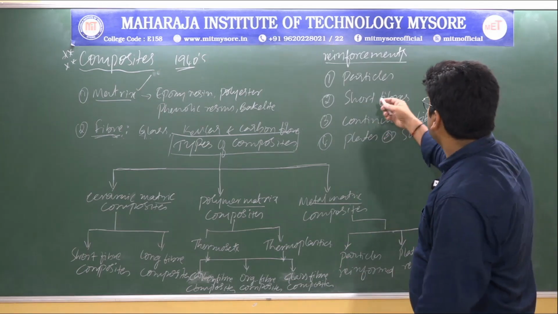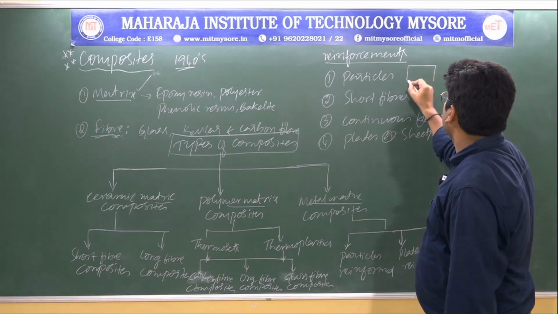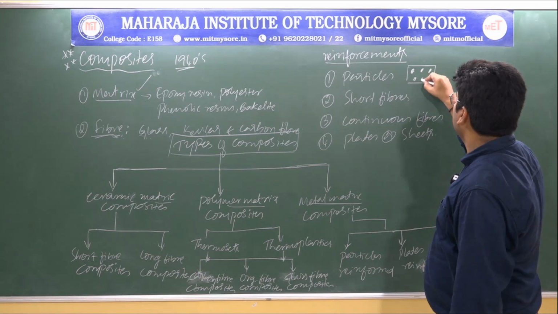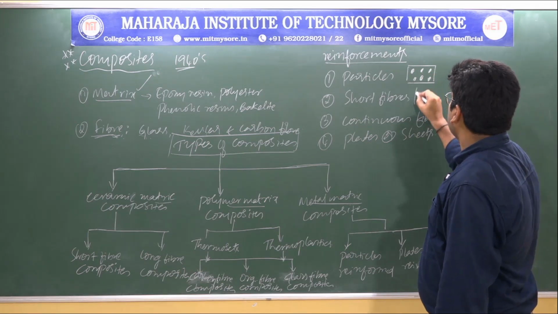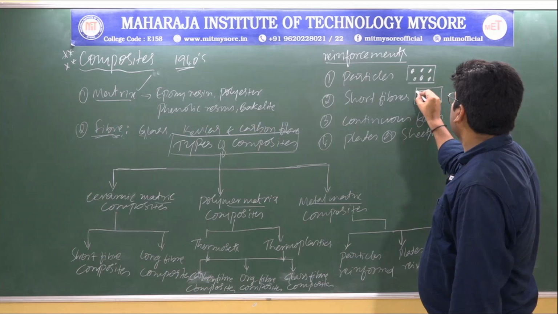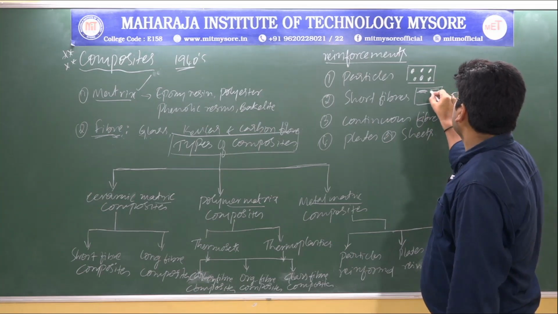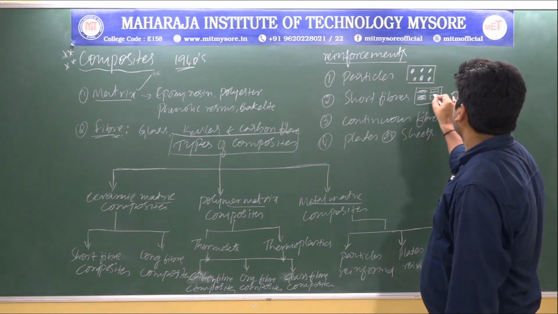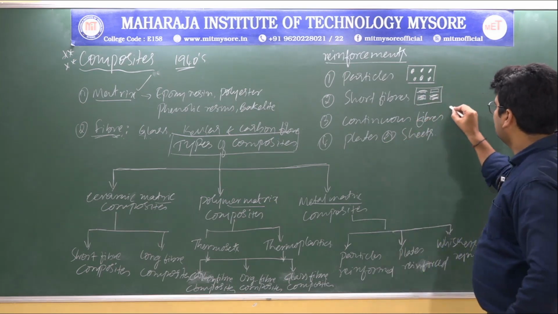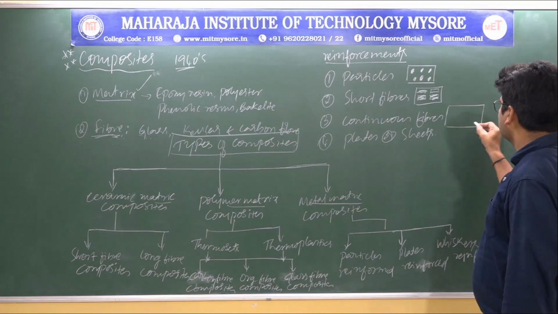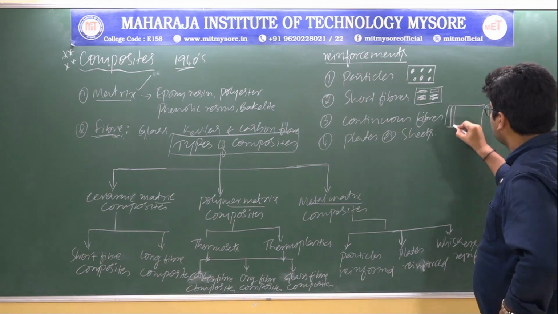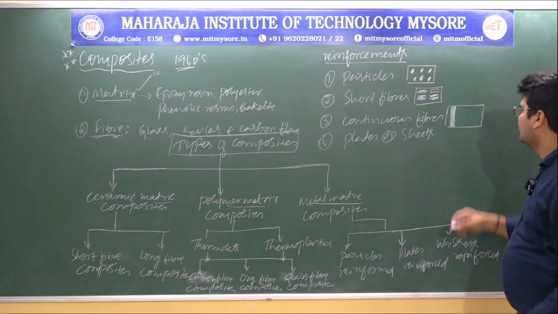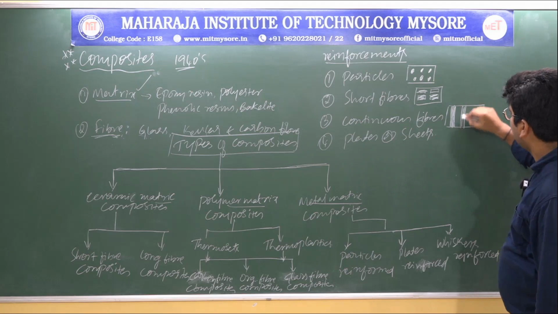Particles will be looking like this. I will give a picture representation. Short fibers means you need to take short fibers of this size and shape. Continuous fibers means they will be continuous to the opposite side also.